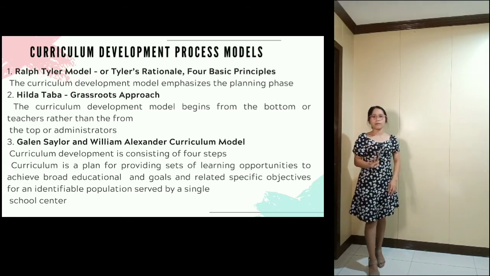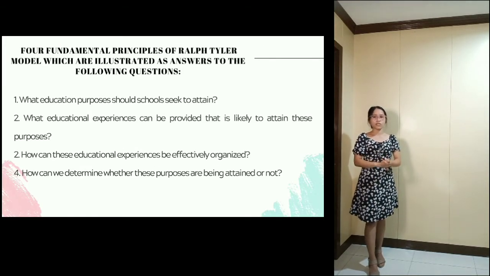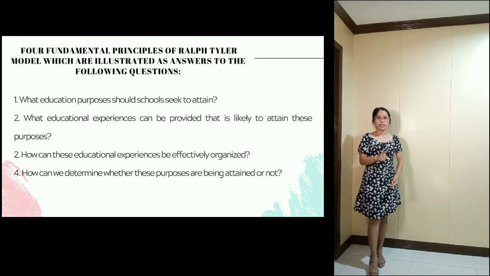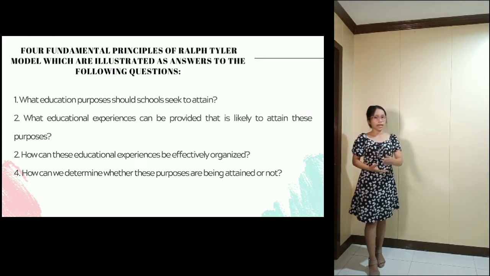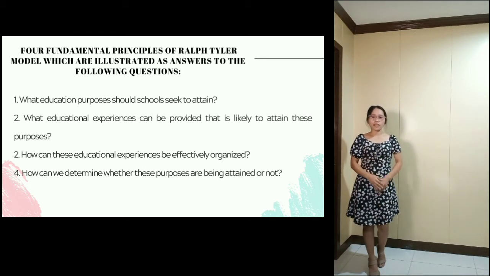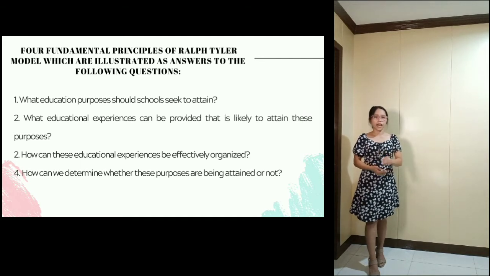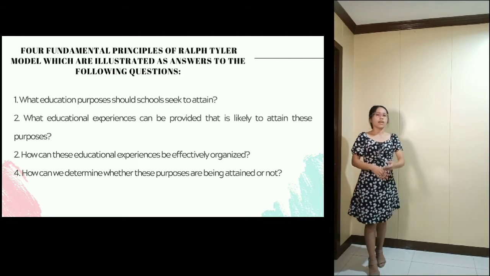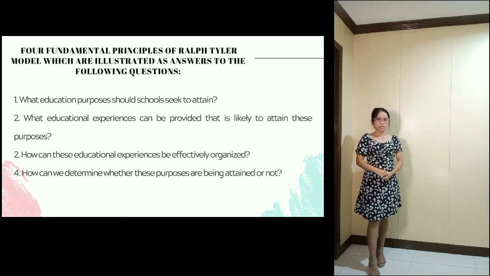So the 4 fundamental principles of Ralph Tyler model which are illustrated as answers to the following questions. First is, what education purposes should schools seek to attain? Second, what educational experiences can be provided that is likely to attain these purposes? Third is, how can these educational experiences be effectively organized?